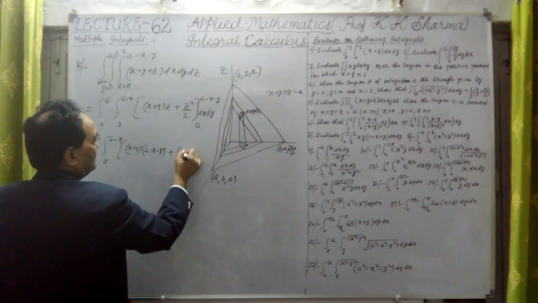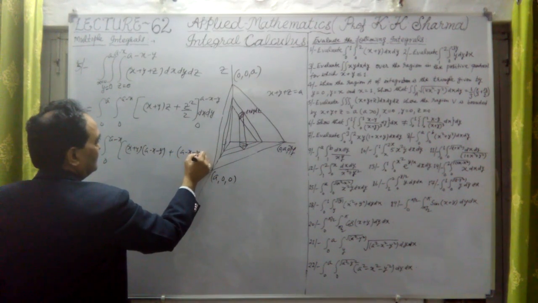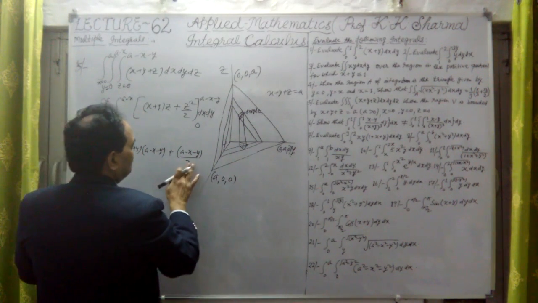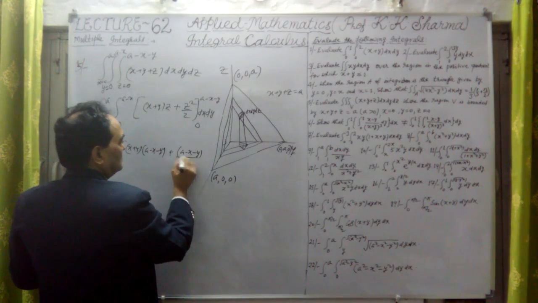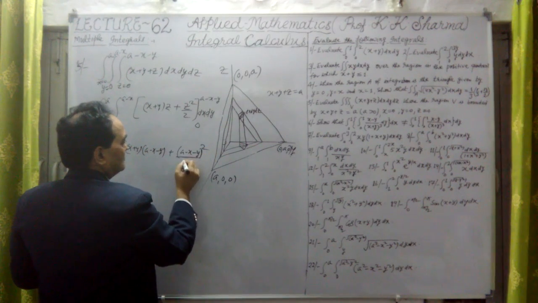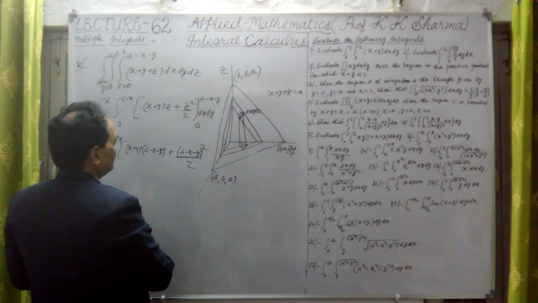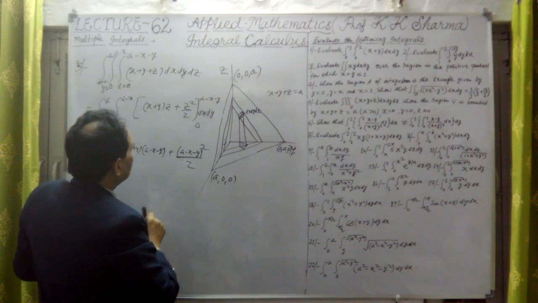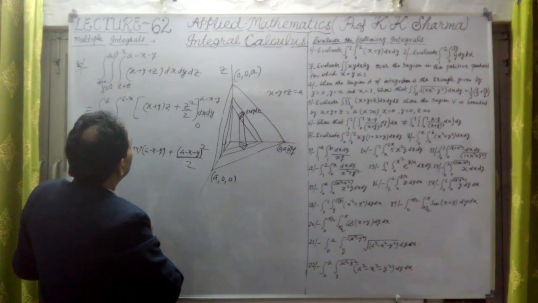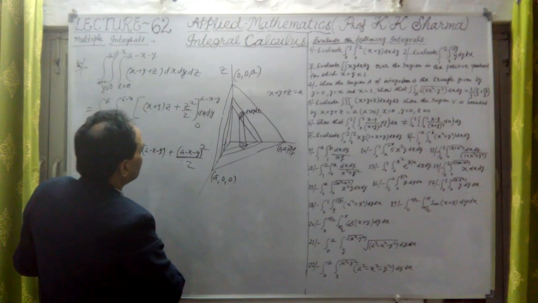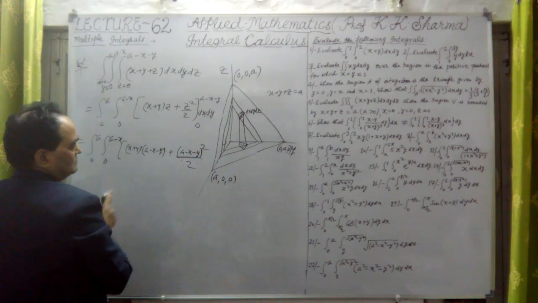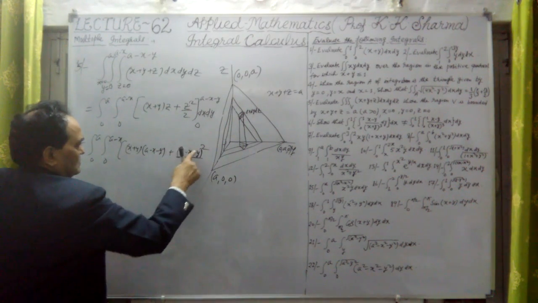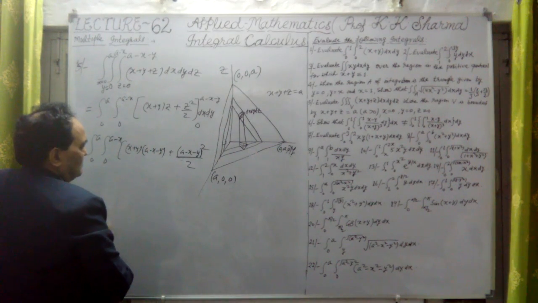Plus a minus x minus y whole square upon 2. This 2 is out, and this whole square upon 2 is there. Here a minus x minus y, if I take common out of these two, that can be taken. Then for the other integration, we can open that after multiplication.